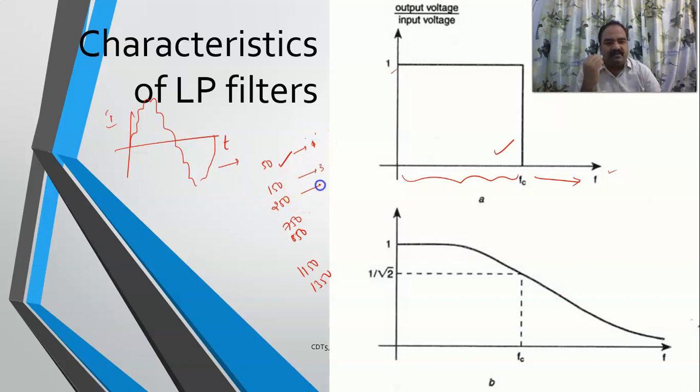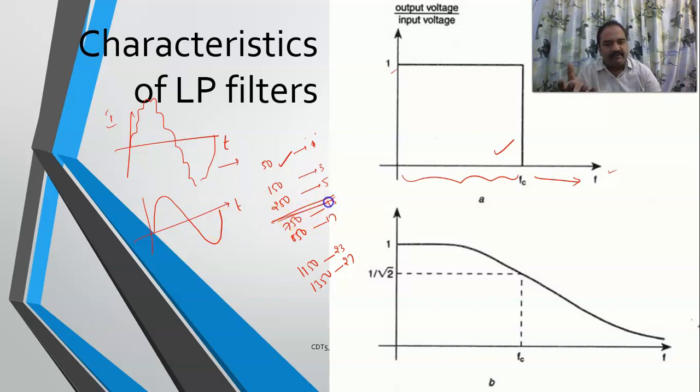This is the third harmonic, this is the fifth harmonic, this is somewhere the 15th harmonic, this is the 17th harmonic, this is 23, and this is 27. So these harmonics are there in your signal, which you are not able to see.